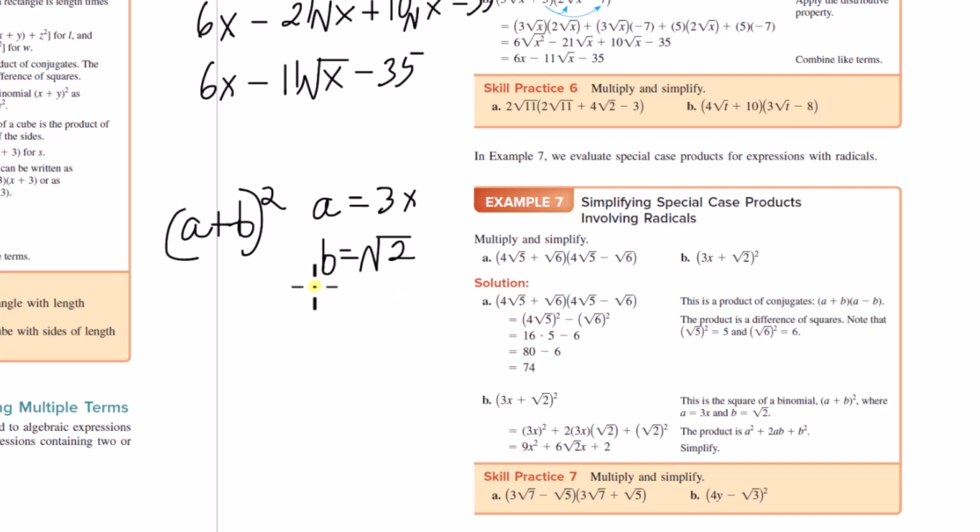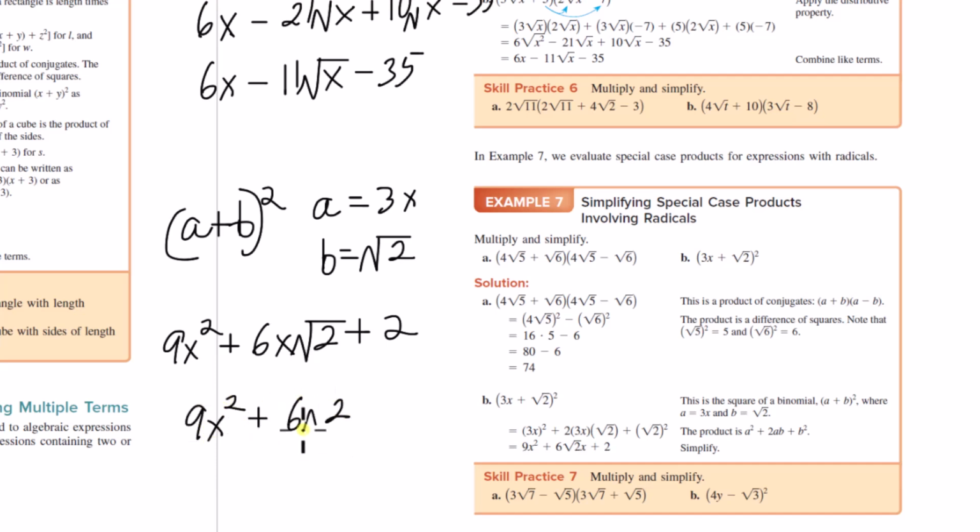So this is going to be a perfect square trinomial. So a squared, and then plus 2 times a times b is going to be 6x root 2, plus b squared. And so you can see how that's a polynomial. You've got 9x squared plus 6 root 2 times x plus 2. It's just all x to whole number powers and constants.